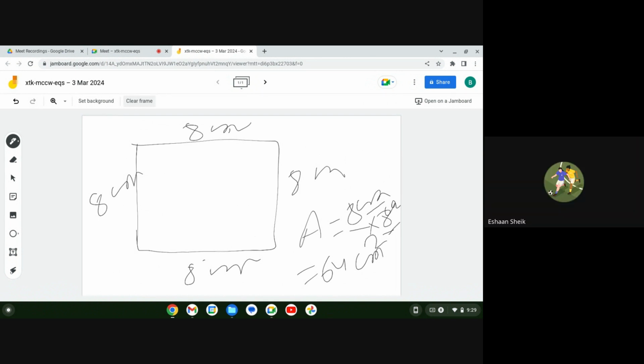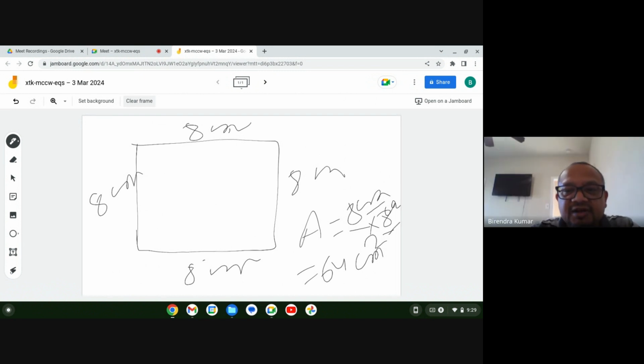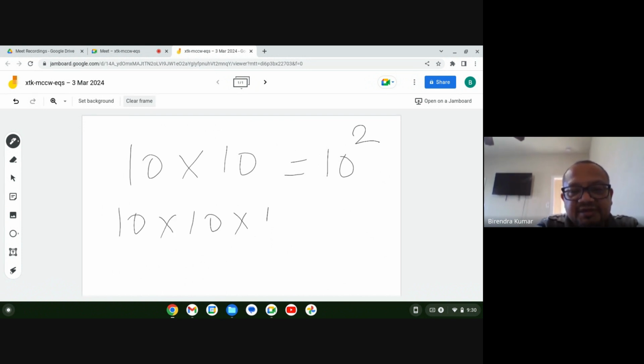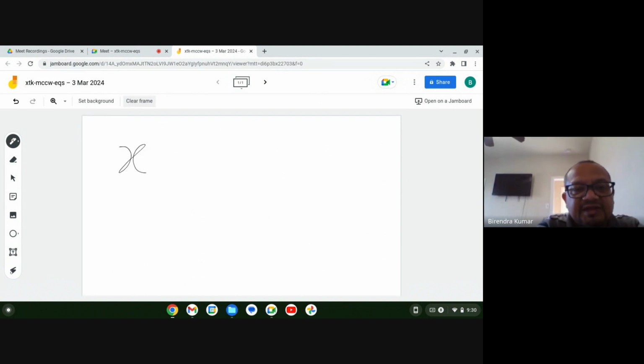Since you did 8 times 8, which is two digits, you wrote two. Not really. This is something that you will learn as exponents. When we learn exponents in a higher grade, that is when you learn about it. But for now, for the sake of simplicity, if you say 10 into 10, you can always say 10 to the power 2. If you're multiplying 10 with itself 3 times, you can say 10 to the power 3. Similarly, if you multiply x with x, you can say x to the power 2.